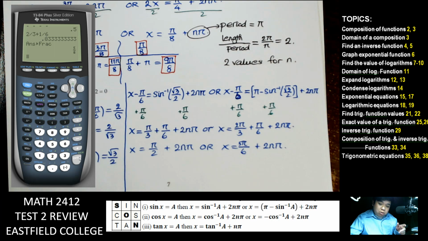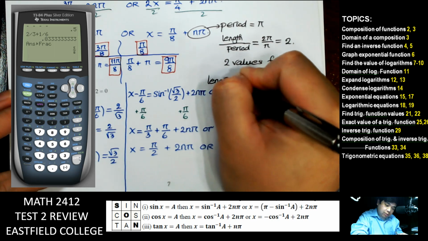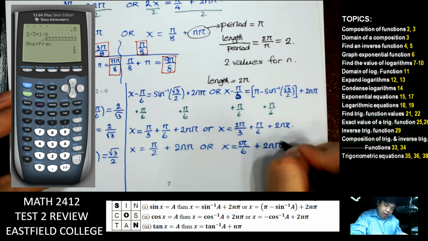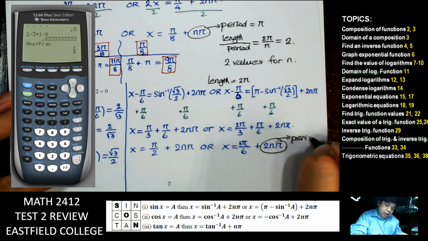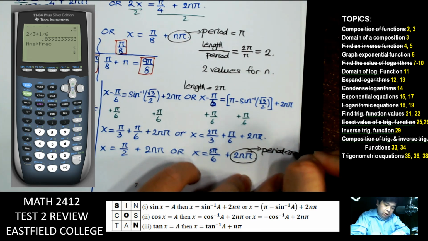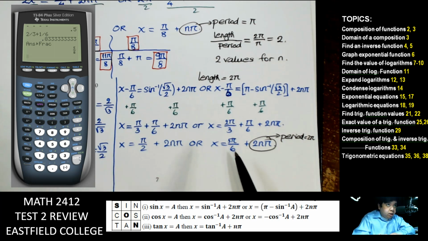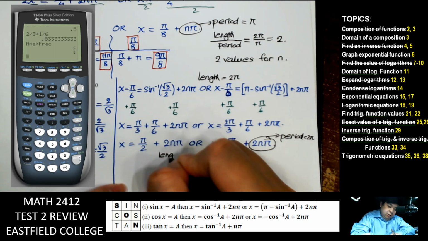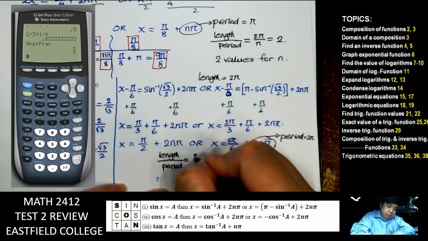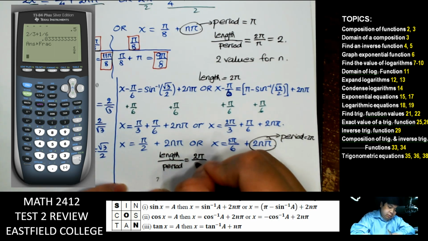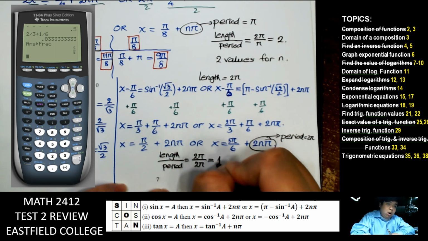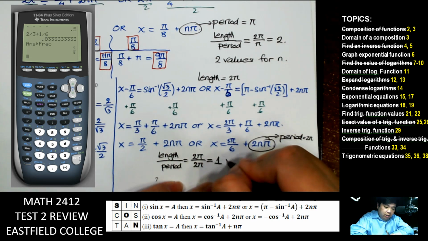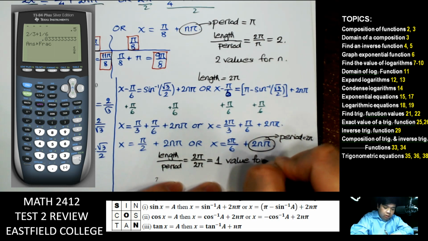Right, next. Similar to the last problem, we want the solution between 0 and 2 pi, so the length is still 2 pi. For this problem though, the period is 2 pi. So length divided by the period is 1. So that 1 is the number of values for n.